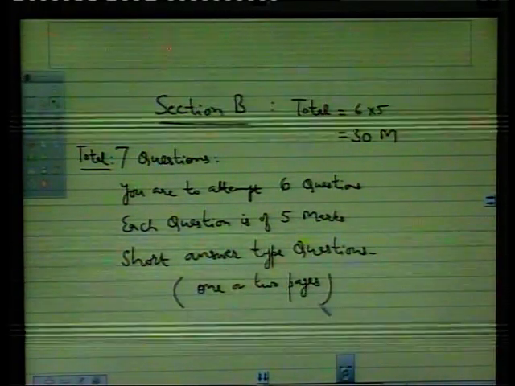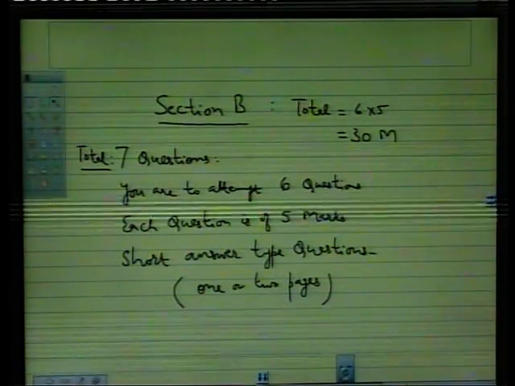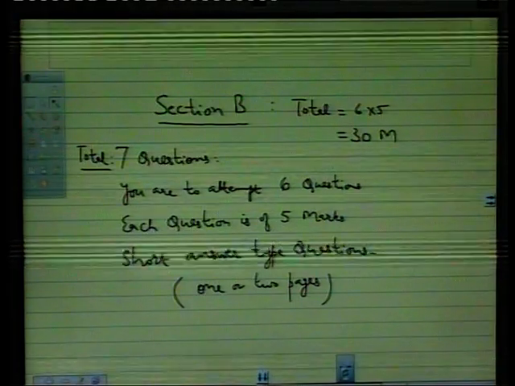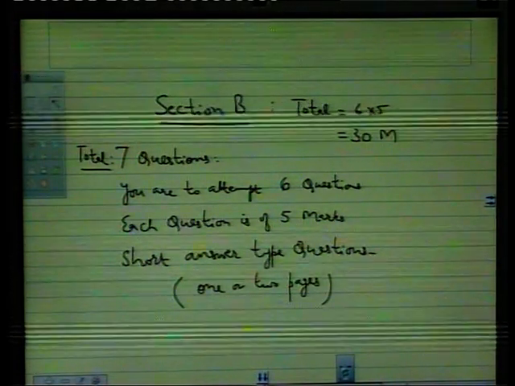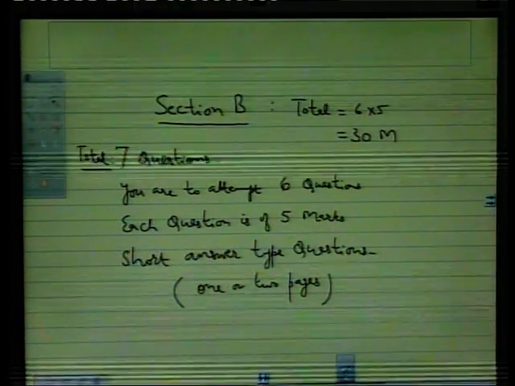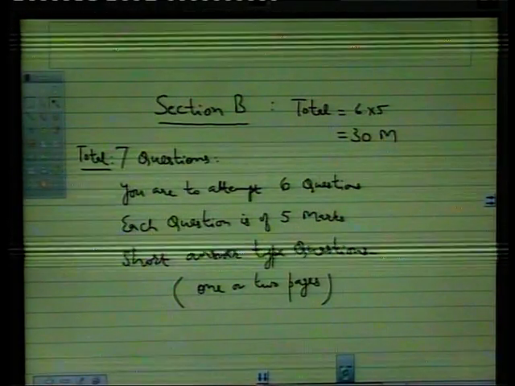The length of the answer must be 1 or 2 pages. So, only then you can get these 5 marks when you attempt all the 6 questions in section B. So, total marks are 30.